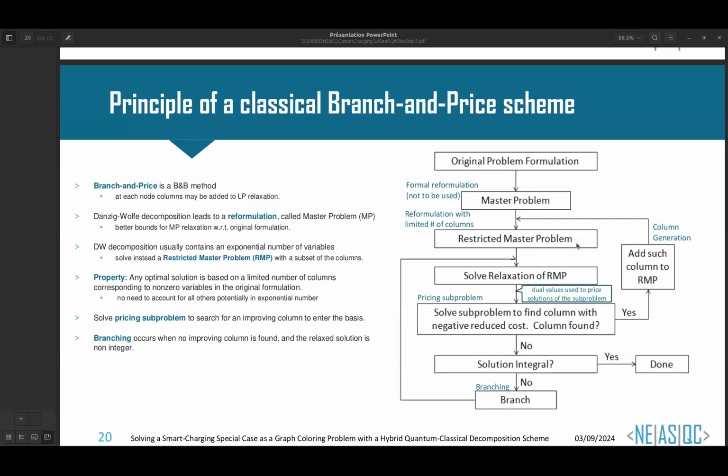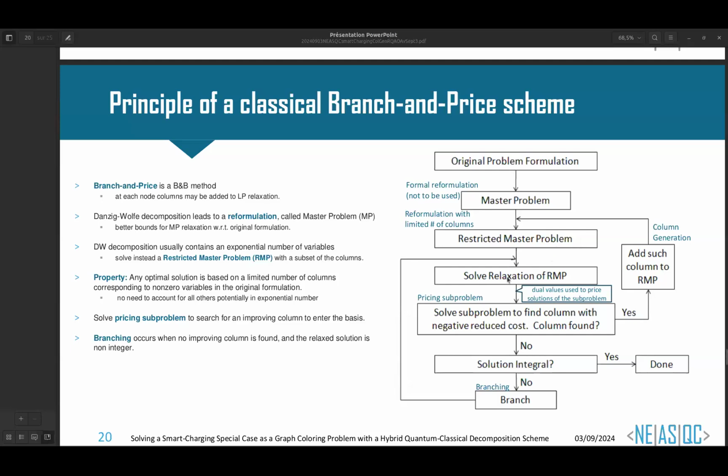So then we do not need to account for all other potential columns, which are in exponential number. It's good news because it reduces the problem in terms of complexity, in terms of number of variables.